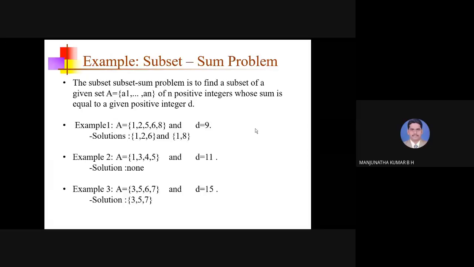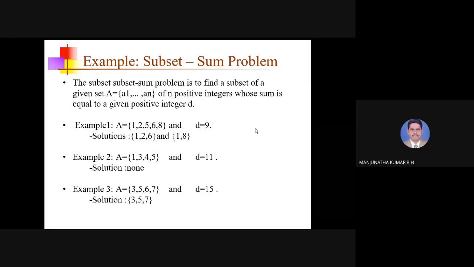Subset sum problem. How to solve subset sum problem using backtracking technique. I think it's a new problem for you. Here the problem statement is: a set of positive integers is given, and one positive integer d is also given.